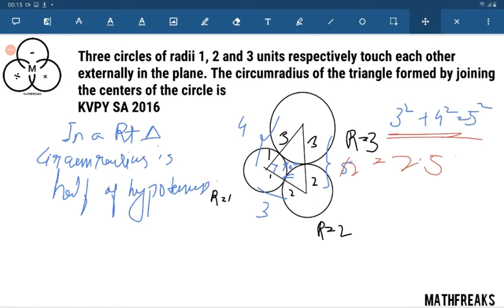What if this wasn't a right angle triangle? How will we solve at that time? I'll show you such a question, definitely. At least I will try to show. I can't take the guarantee that I will show, but I'll try.